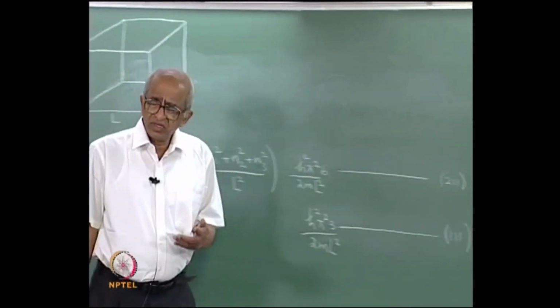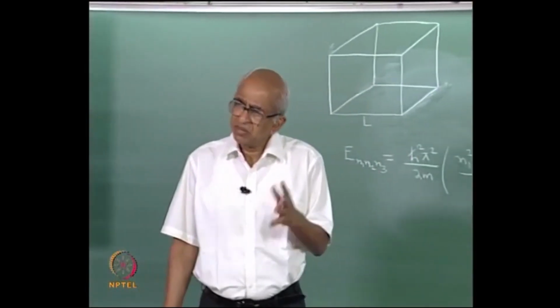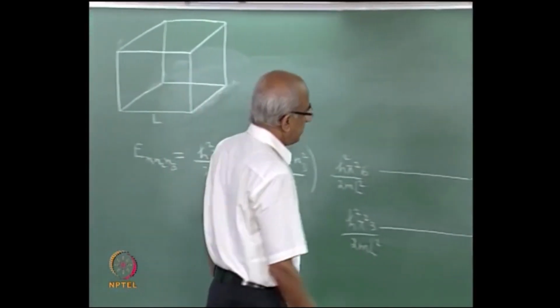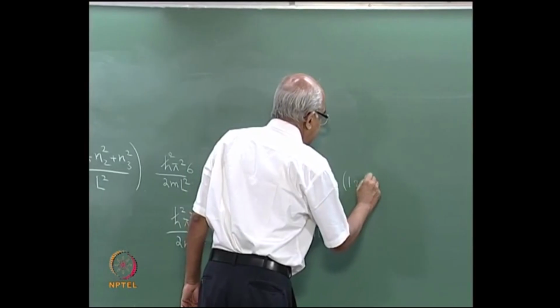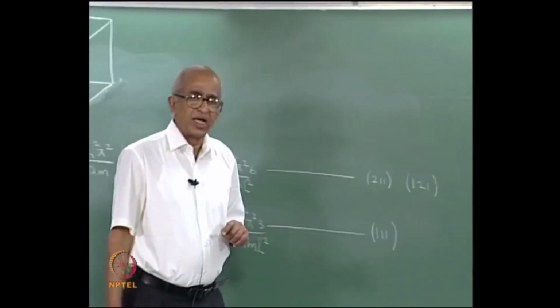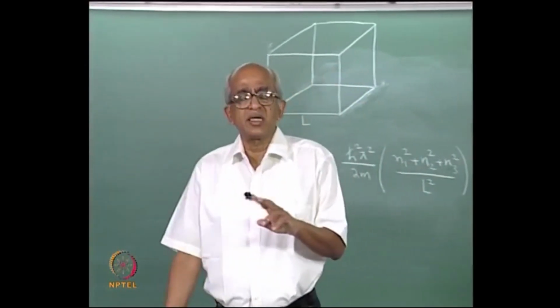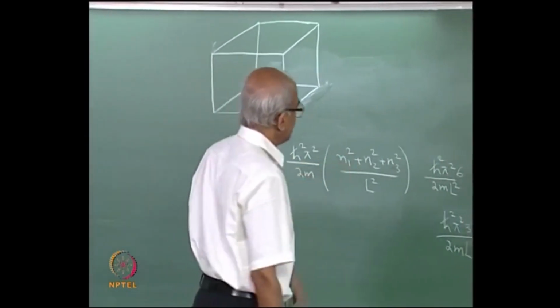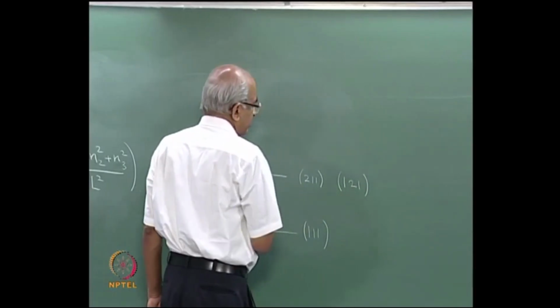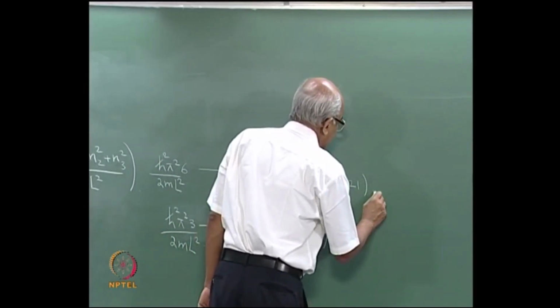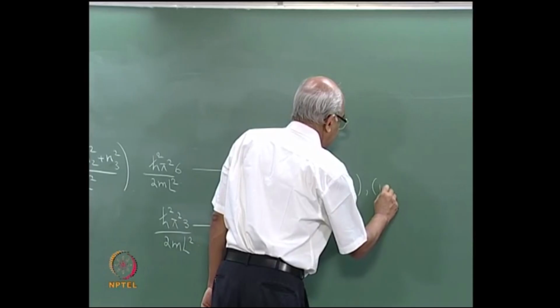But then if you think about it for a minute, you see there is another possible state which may be written as 1, 2, 1, and if you calculate the energy of that, you will find that it is exactly equal to this energy, and therefore, there is this state also having exactly the same energy. But not only that, you also have a state like 1, 1, 2.